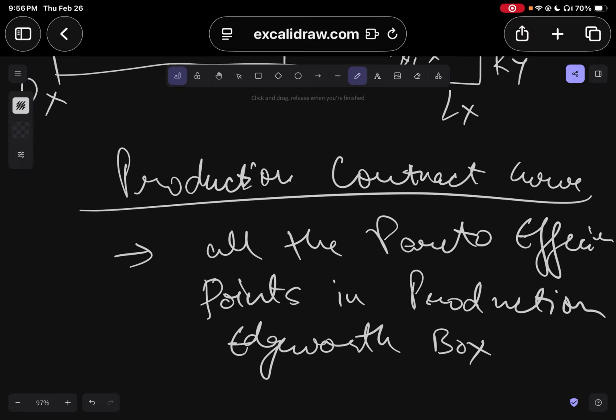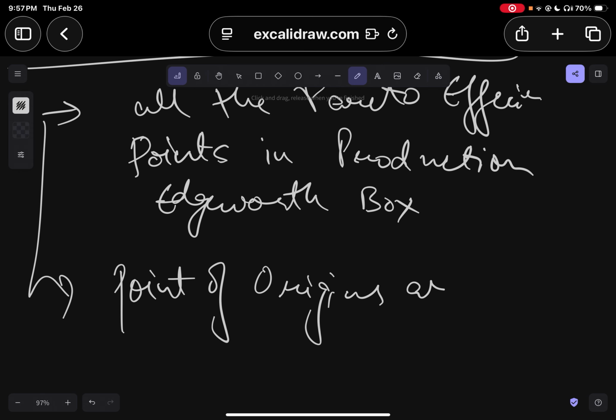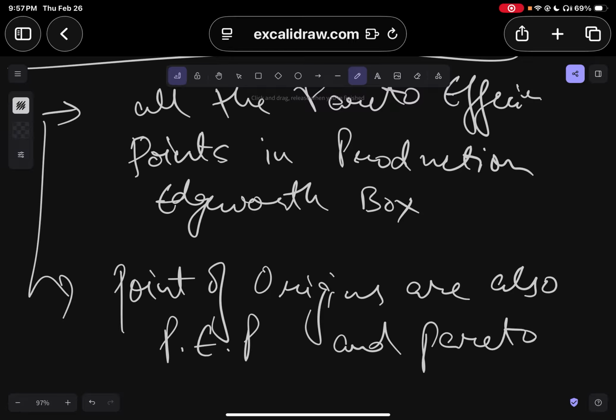Points of origin are also included under Pareto efficiency because if the market is at the origin of X, then it cannot produce extra X without reducing Y, and similarly at the origin of Y, more Y can be produced only by reducing the amount of X. So the points of origin are also Pareto efficient points and part of the Pareto contract curve.